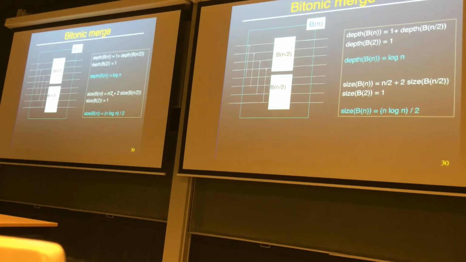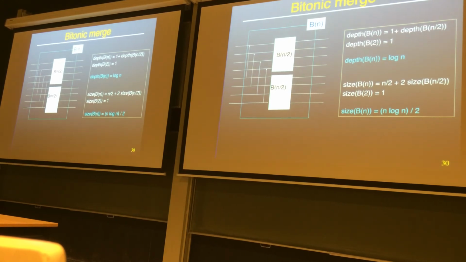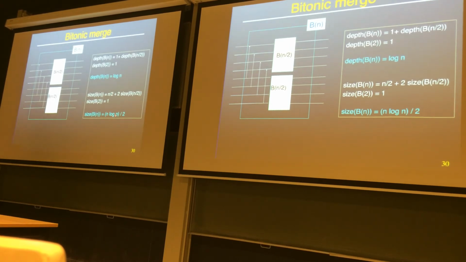The size is n divided by 2 plus 2 times the size of a Bn divided by 2 network, while the size of a B2 network equals 1, and that means that we have n times log n divided by 2 for this merging. So if you assume the inputs to be bitonic, then you can sort them in log n time and with an amount of hardware equal to O of n log n. But of course, that still requires you to have inputs that are bitonic.